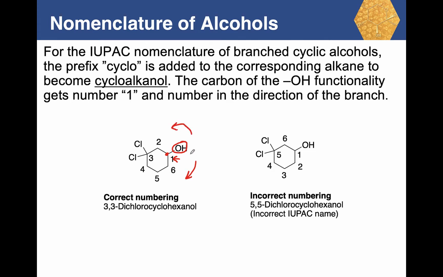You number in the direction of the branch. So in this case, you go this way and not this way. So this is the correct numbering, and this is incorrect, of course.